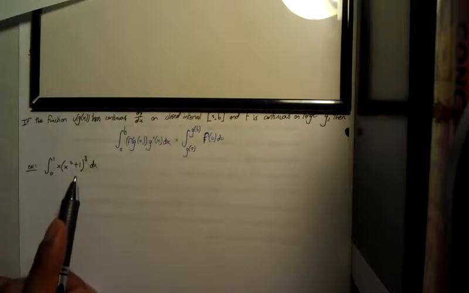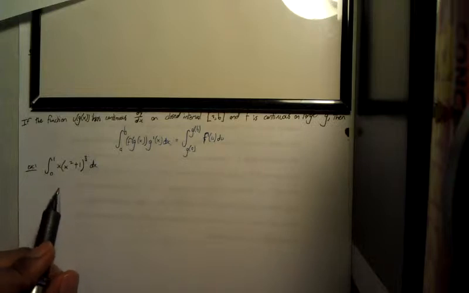So here we want to take the integral from 0 to 1 of x times x squared plus 1 to the third dx. First thing we'll just do our basic u substitution integration, and this time we just won't have the plus c.